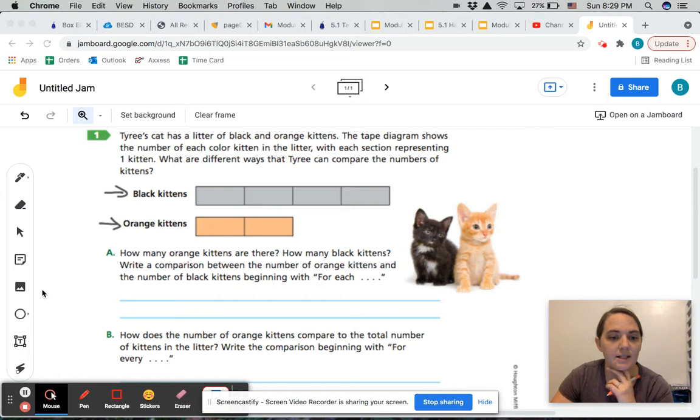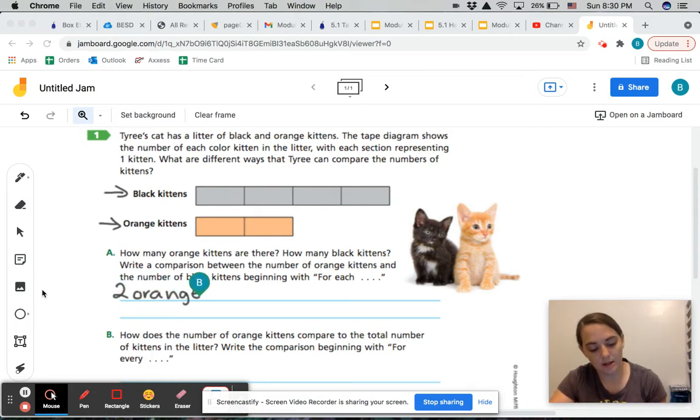So part A asks how many orange kittens are there, how many black kittens, and to write a comparison between the number of orange kittens and the number of black kittens, beginning with the words "for each." Answering the question of how many orange kittens there are: there are 2 orange.